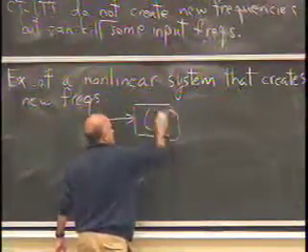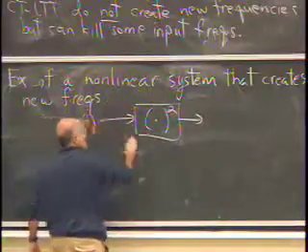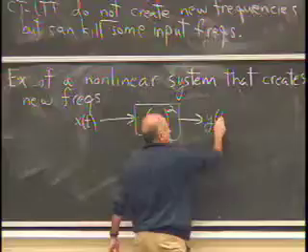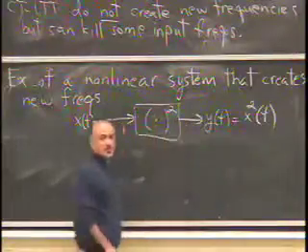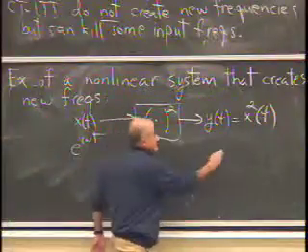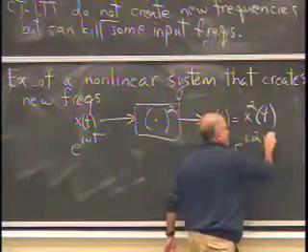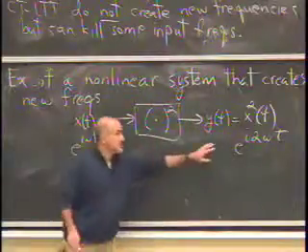It's the system that squares the input. So when you send an x of t, you get out x squared of t. So when e to the I omega t goes in, e to the I 2 omega t comes out. Input frequency is omega, output frequency is 2 omega.